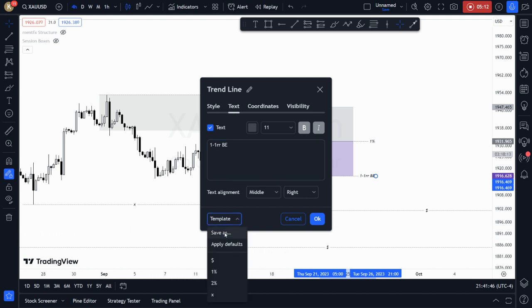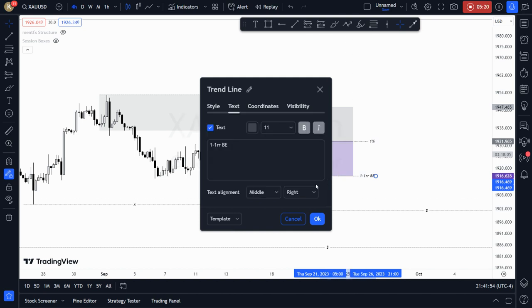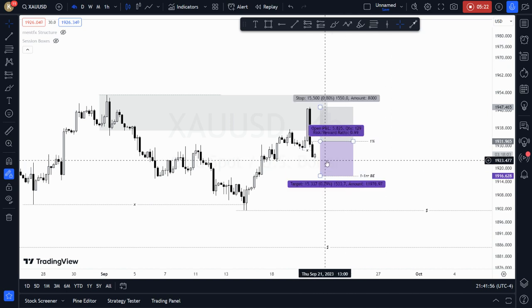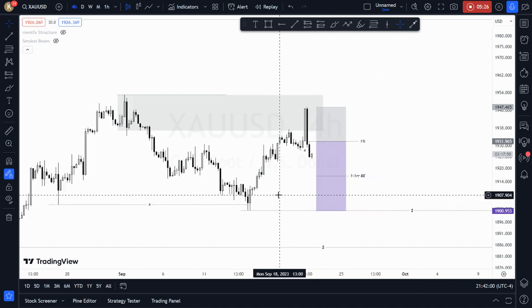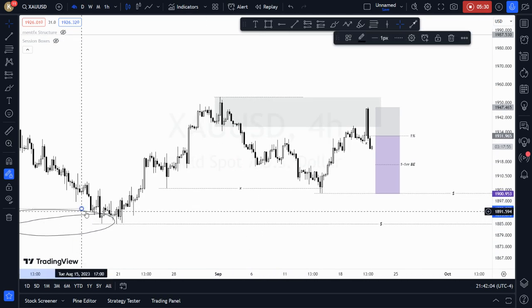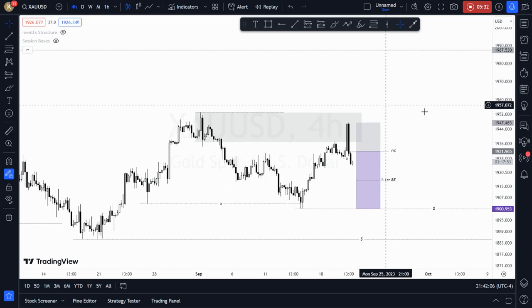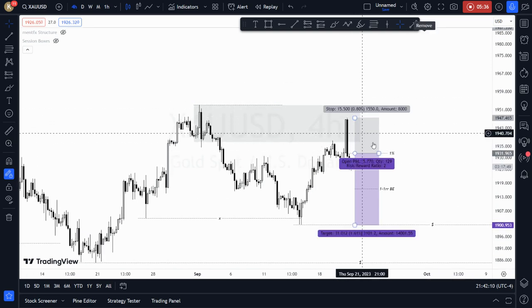I'll even save this as well. Save as BE. And then we'll keep it running towards the low. But all in all, this is the opportunity. I'll just keep tracking this specific opportunity. Not much to it. Entry at the open of the block, stop loss above, keeping it protected.